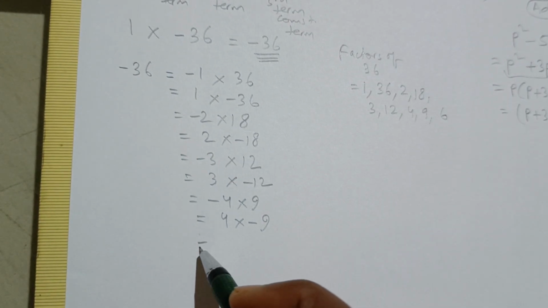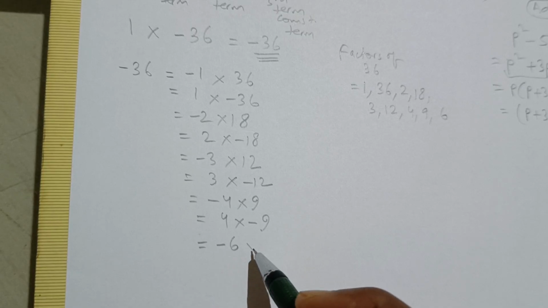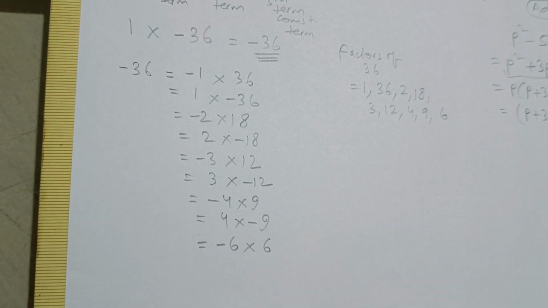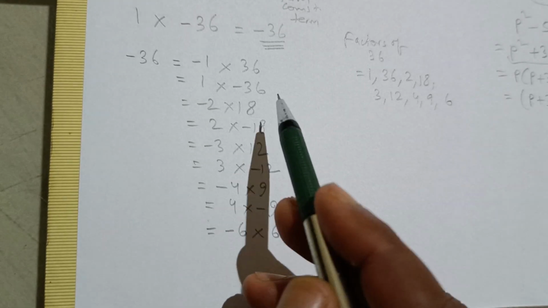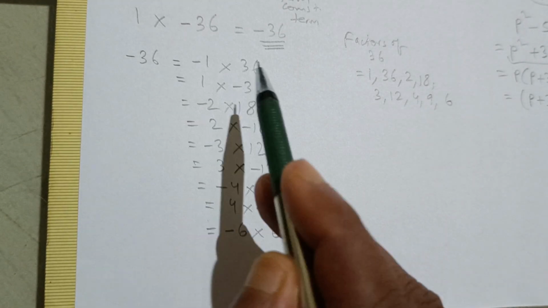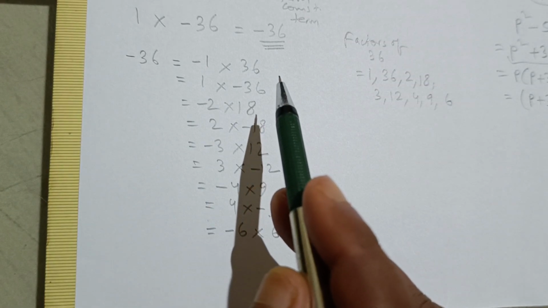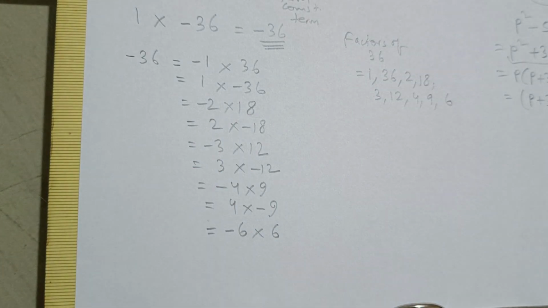So minus 6 into 6, that is also minus 36. So these are all the possible integer pairs whose product is minus 36.